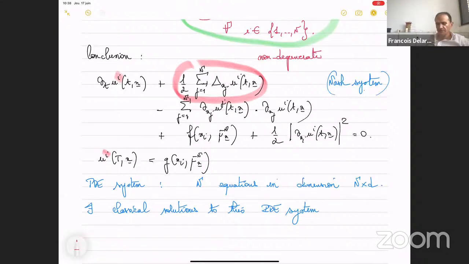It makes a very, very subtle difference with respect to what I had yesterday for the master equation. Somehow, this system is non-degenerate, but it becomes degenerate in the limit. And this is something that should be clear for you somehow, because what is the limit? The limiting solution gives me the measure of the population.